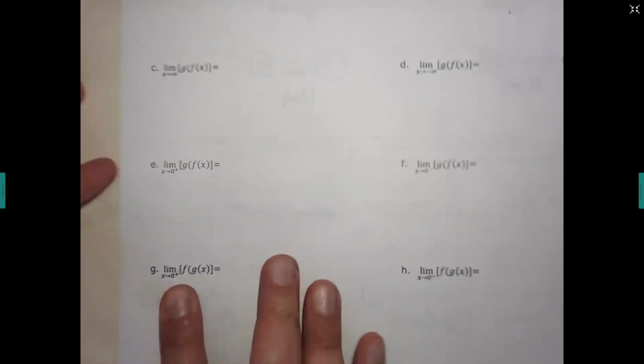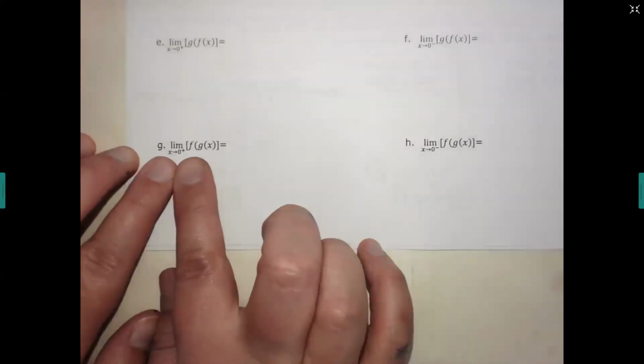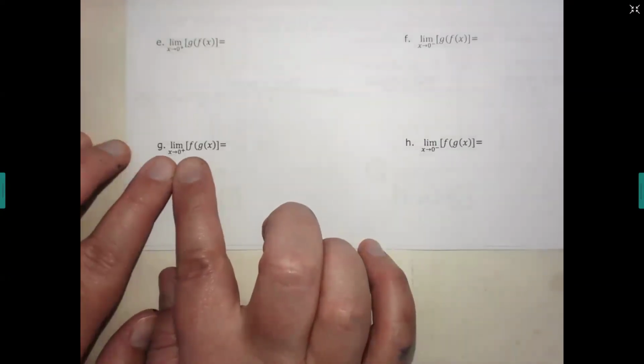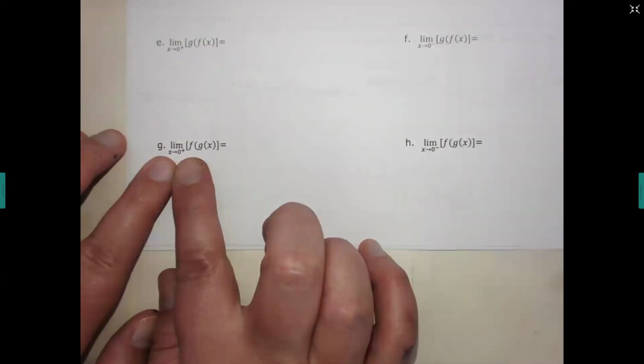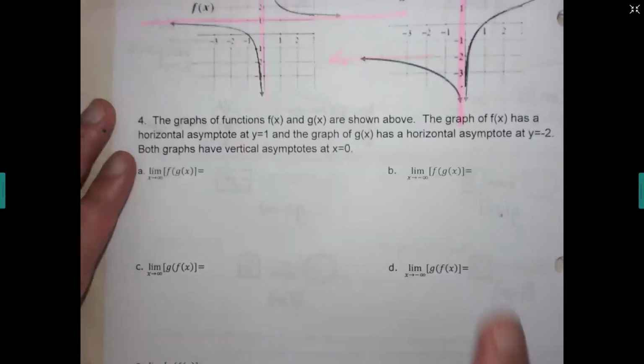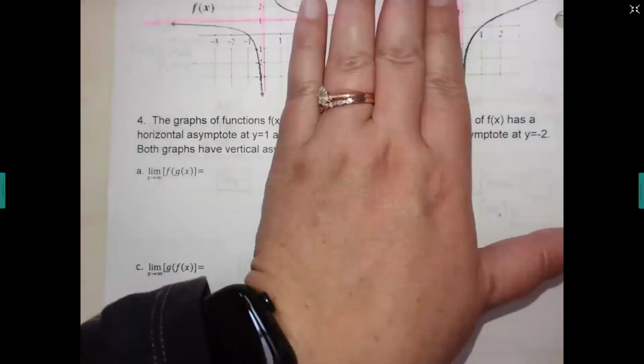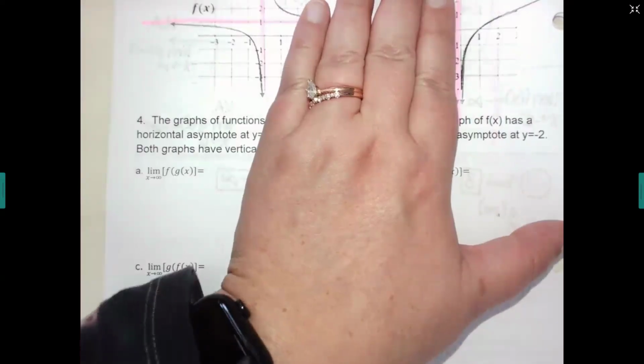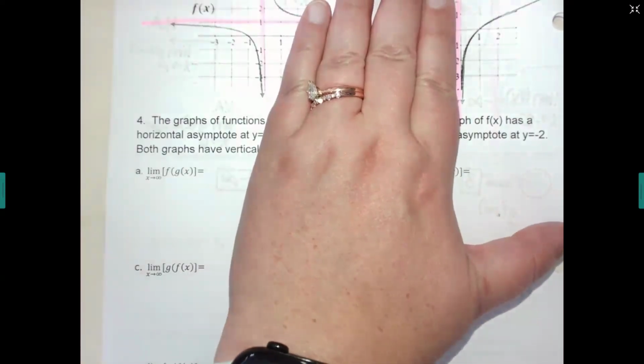Okay, then for this one, what are we approaching? What number? From which side? Positive means the left or right side? Right, on which graph? G. So if I go to the graph of G, I want to approach 0. What are my Y values doing as I get closer and closer?